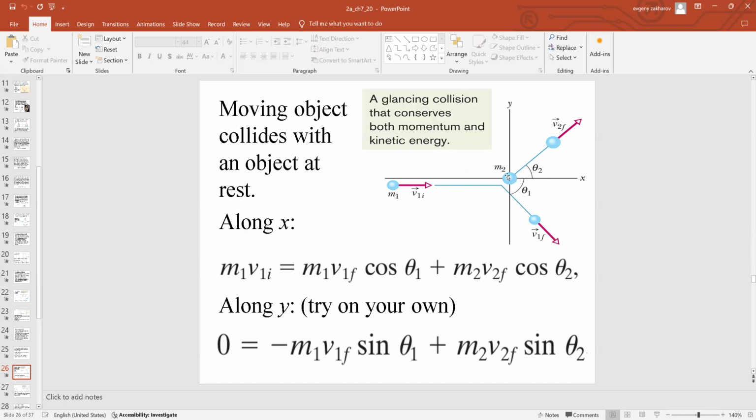And theta 2 is the reference angle for the second ball. So clearly a two-dimensional collision. You have some change in x components, you have some change in y components. You have to treat them separately, like we did the projectile motion problems, remember? Horizontal motion, vertical motion, and then you combine them together.